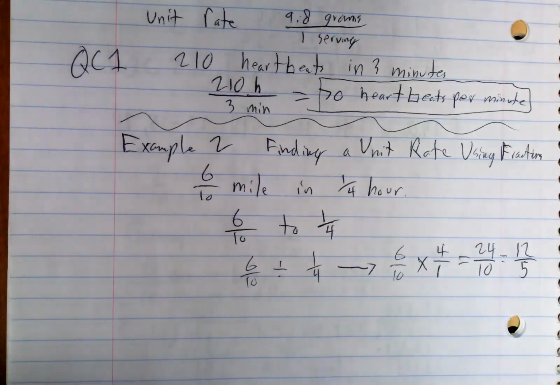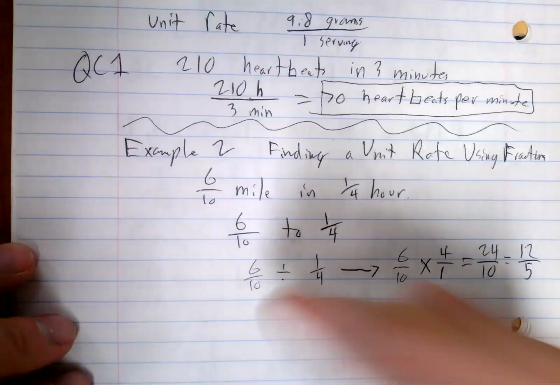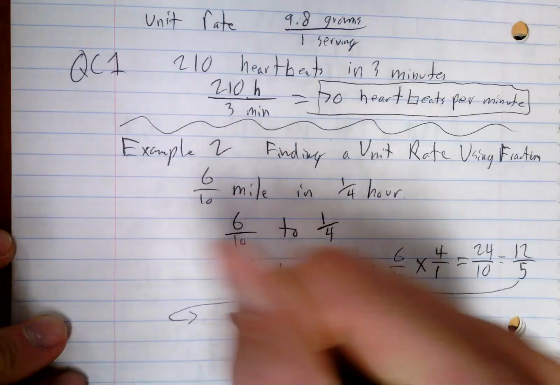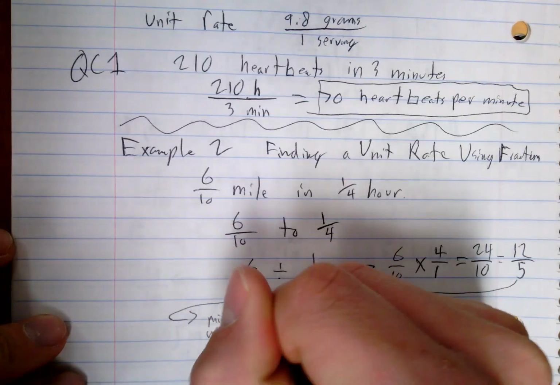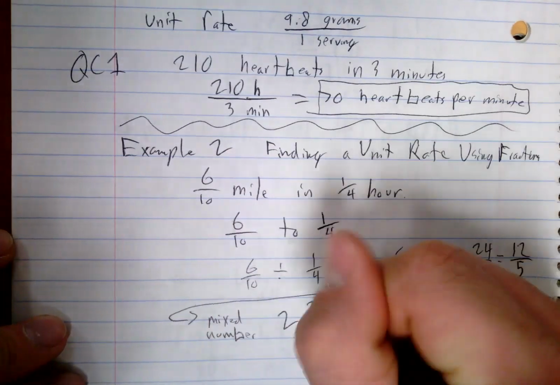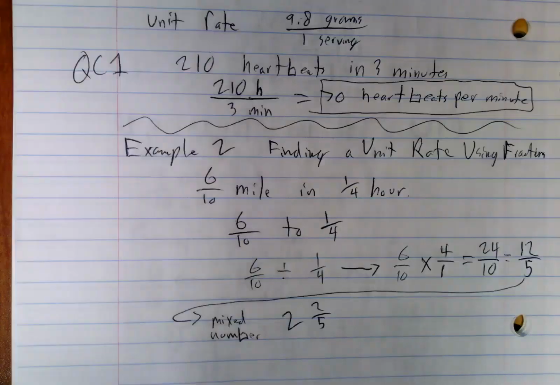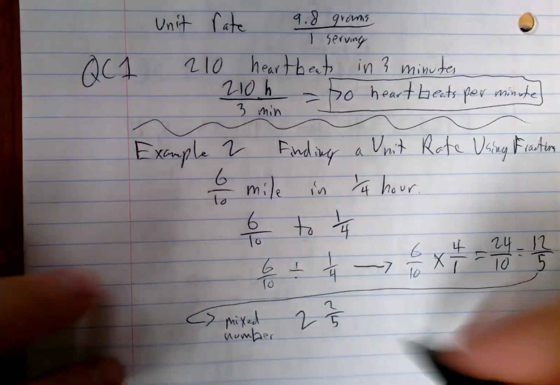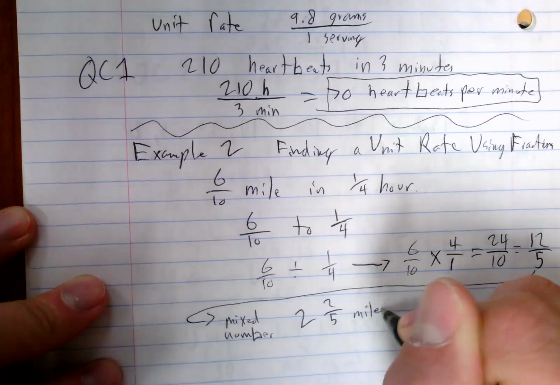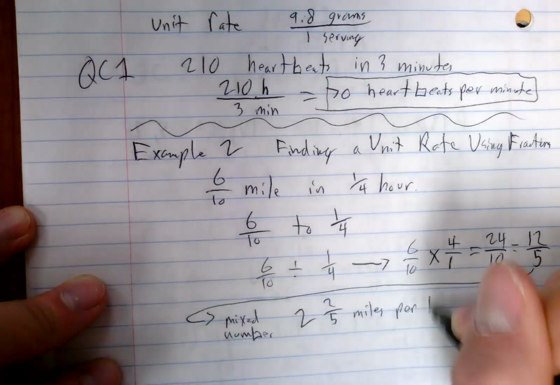If we simplify 12 divided by 5 into a mixed number, we get 2 and 2/5. So we know Cindy walks 2 and 2/5 miles per hour.